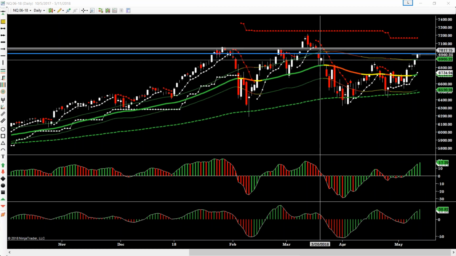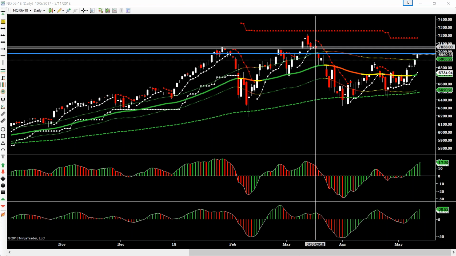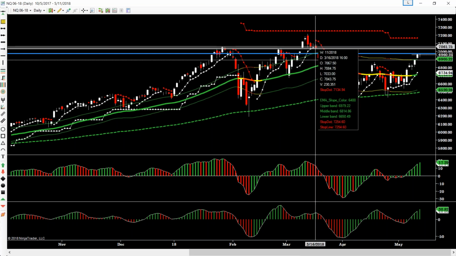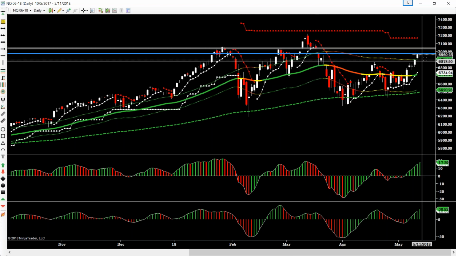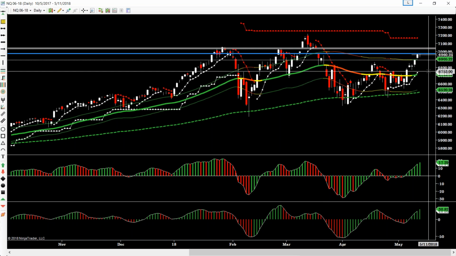So we haven't been able to get through that gap or close it up here from that Friday before, March 19th, March 16th. So the 16th through the 19th gap period we failed at.